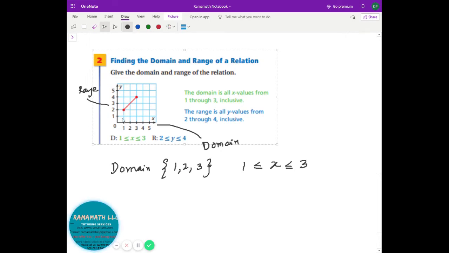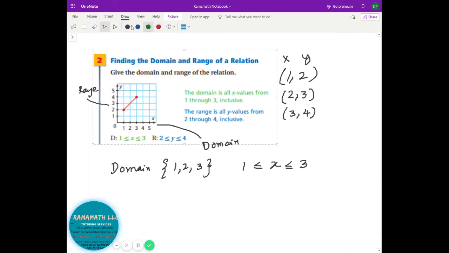Okay, so to make a little more sense out of this, we're going to write the ordered pairs on the line. So if you write 1, 2, right? If I write the ordered pairs 1 and 2, and then 2 and 3, that's the upper ordered pair, and then 3 and 4. So these are the x values and these are the y values.